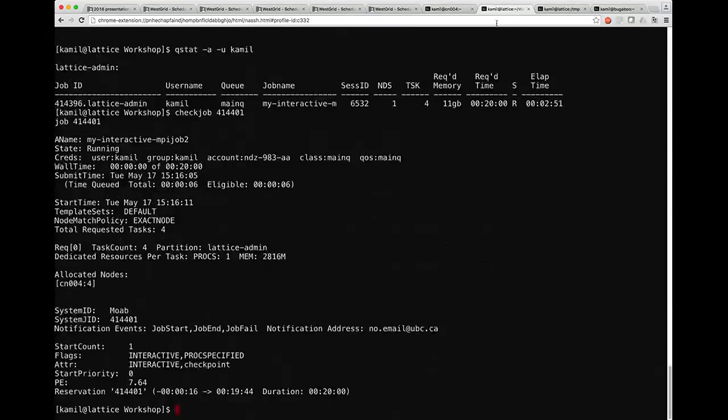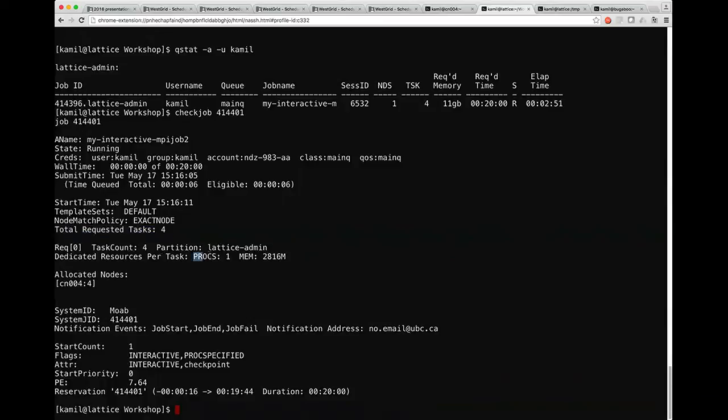We'll look at more information later, and there's a lot of very interesting information about your job in the checkjob command. So you can tell what state it's in, who the user is, when it was submitted, and so on. But here's the really interesting things. For this question, we have 4 tasks.